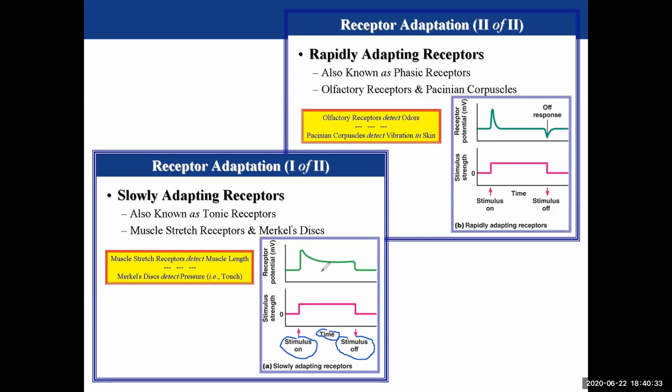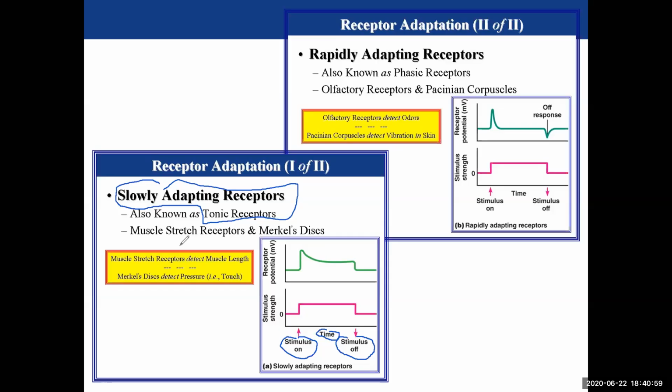We call those receptors slowly adapting receptors. And when we say slowly adapting receptor, they are also known as tonic receptors. They remain active as long as the stimulus is present, as long as the sensory modality is present.